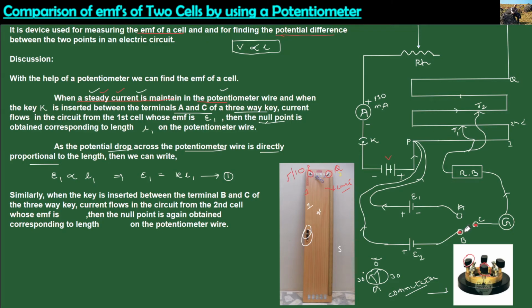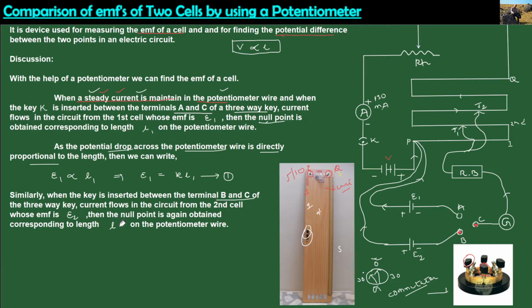So by inserting the plug between B and C, when the key is inserted between the terminals B and C of this commutator, the current will flow in the circuit from the second cell, which has EMF E2. There will be a null point corresponding to this, and that corresponds to the balance length.